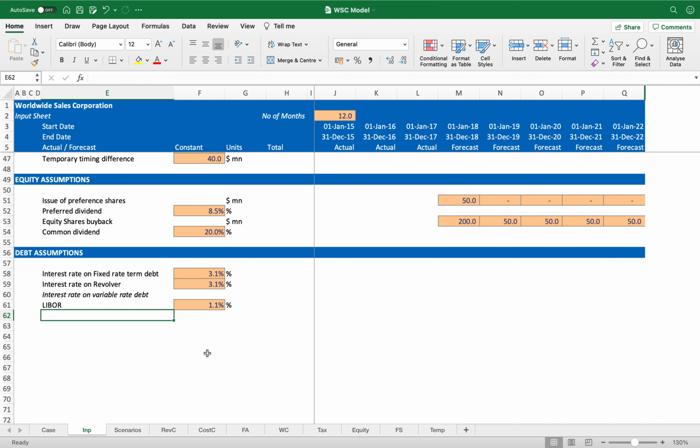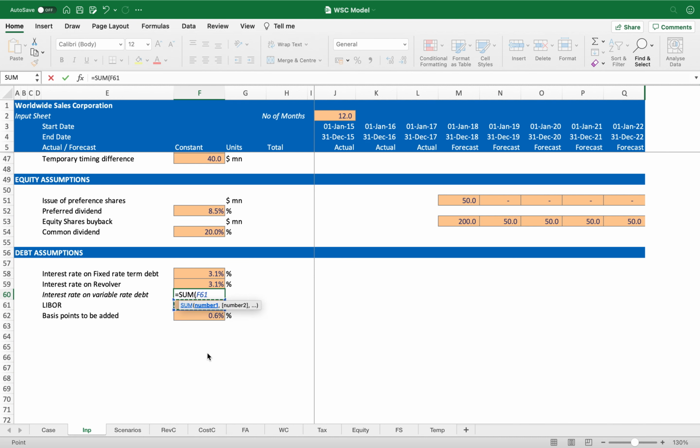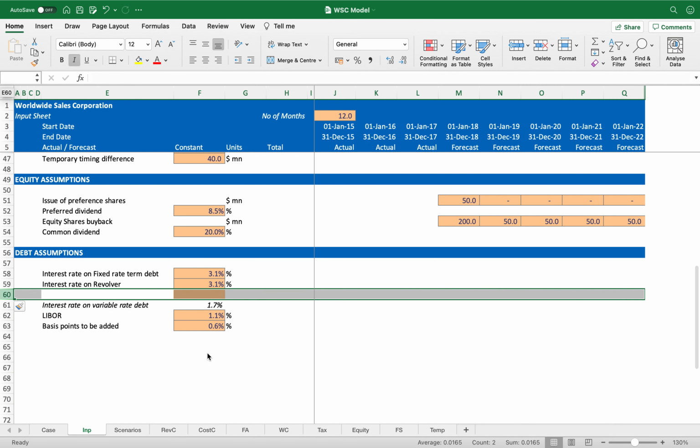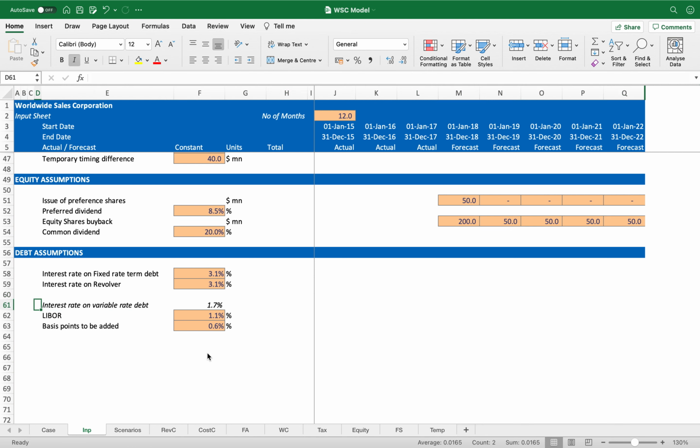Then additional basis points, or you can write basis points to be added, 55, or you can make it as 0.55%. So what is your interest rate on variable term debt? This is the sum of LIBOR and the additional basis points that you add. That becomes your 1.7%. Okay.